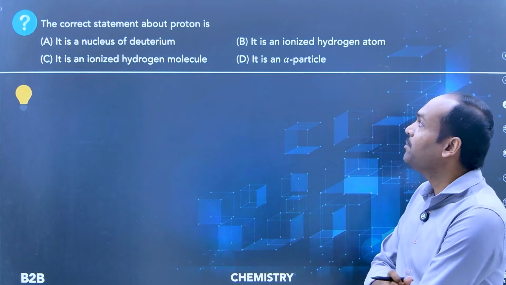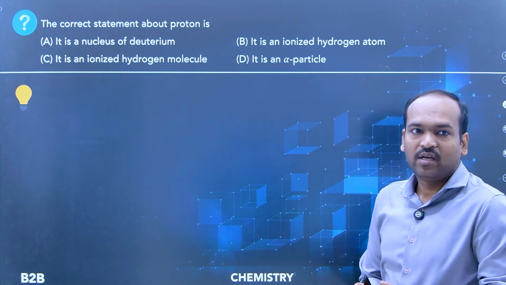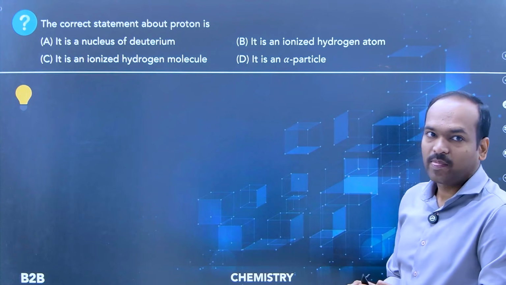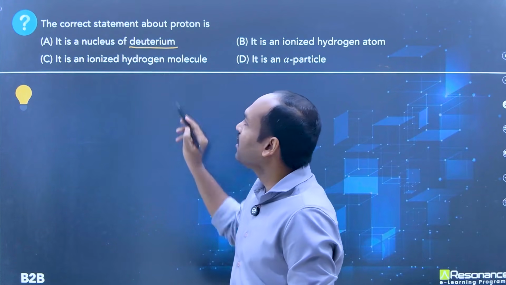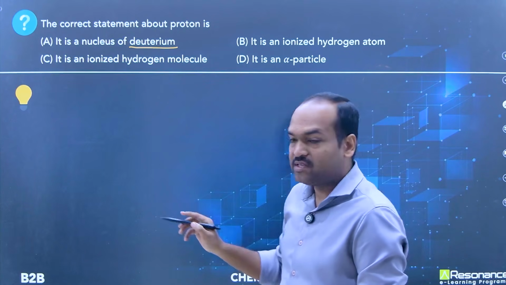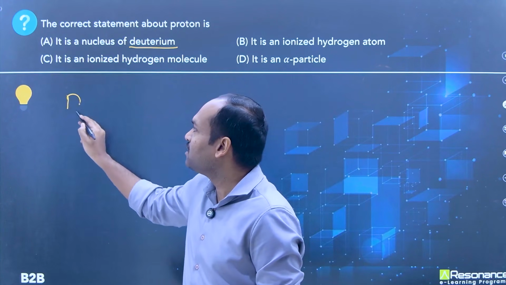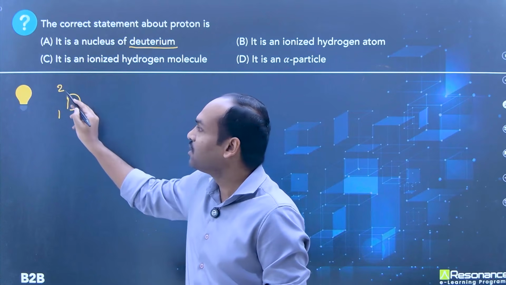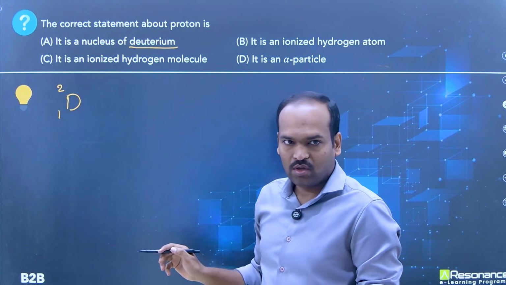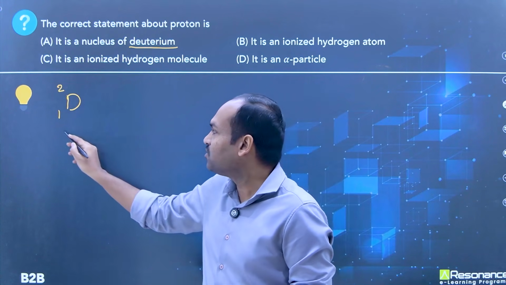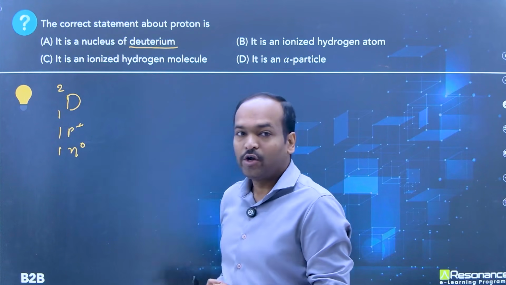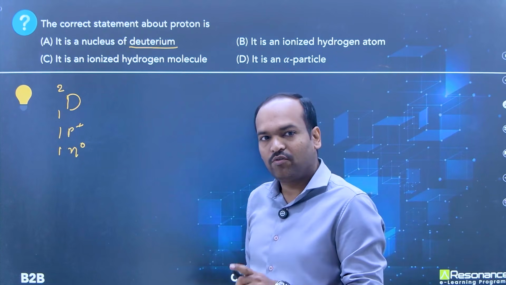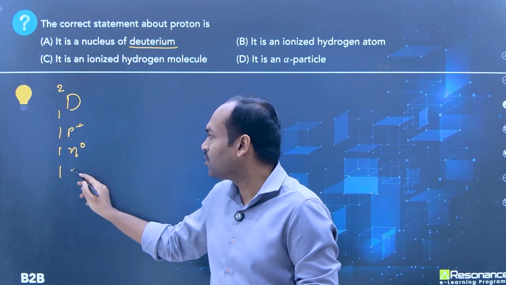The correct statement about proton. Proton is a nucleus of deuterium. Let's discuss, beta. Deuterium is 1D2. We know it has one proton and one neutron, and one electron also.